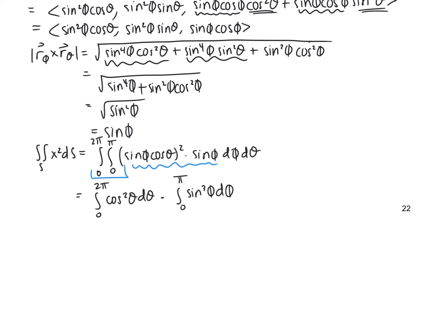And that's what we're going to have to evaluate. Hopefully you left yourself more room than I did, because I'm going to have a very hard time fitting this in. Okay, this first one, we've seen this in a few different examples. The substitution for cosine squared is 1/2 plus 1/2 cosine of 2 theta.